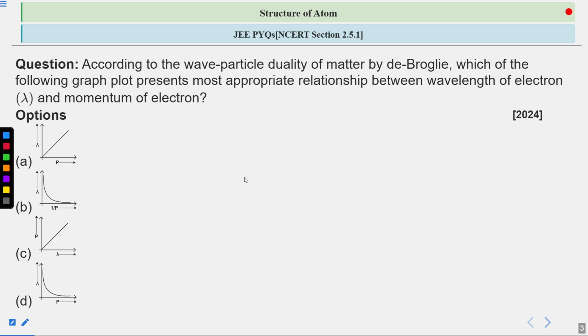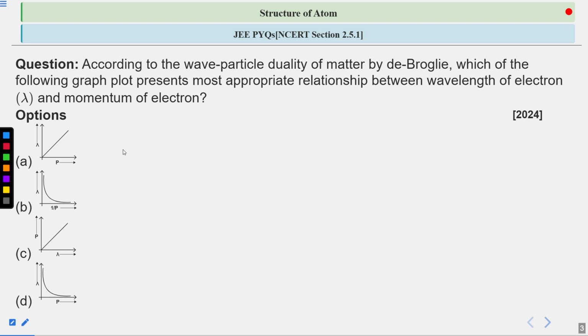The question says that according to the wave particle duality of matter by de Broglie, which of the following graph plots represents the most appropriate relationship between the wavelength of electron, that is lambda, and momentum of electron, that is p? This question was in the 2024 examination of JEE.